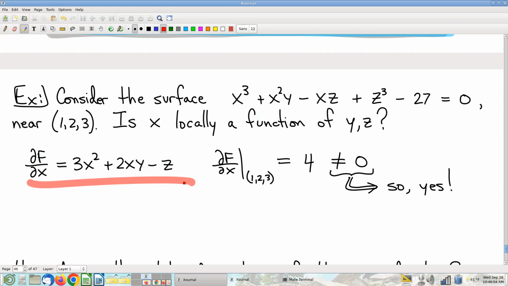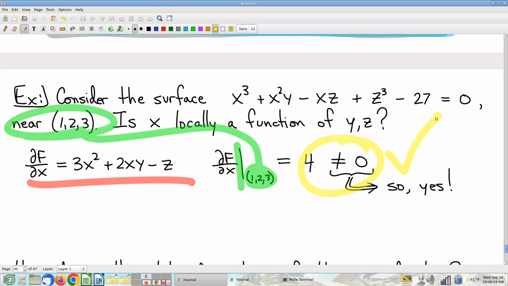We're interested in what's happening near this point here, so I need to evaluate that partial derivative at the point x equals 1, y equals 2, z equals 3. And we get not 0. And not 0 means yes, you can view x locally as a function of y and z.